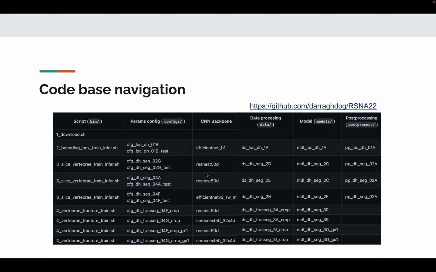And this is the backbones. Sometimes in the configs you'd see a test. What that means is this is trained where we have segmentations, and we learn bounding boxes, for example.